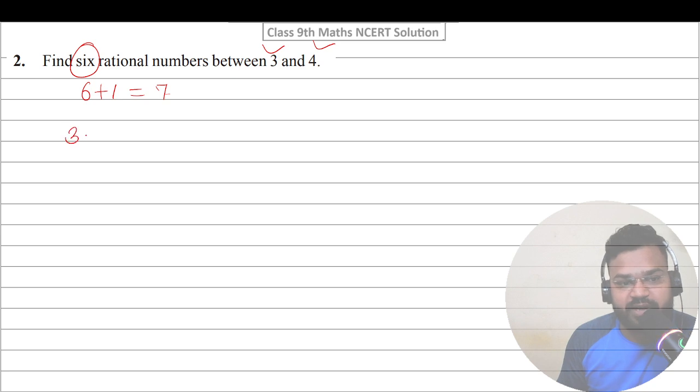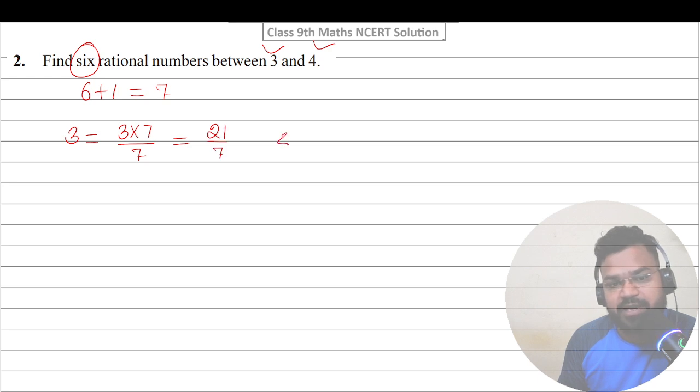So 3 can be rewritten as 3 into 7 by 7, which is equal to 21 by 7. And 4 is equal to 4 into 7 by 7, which is equal to 28 by 7.